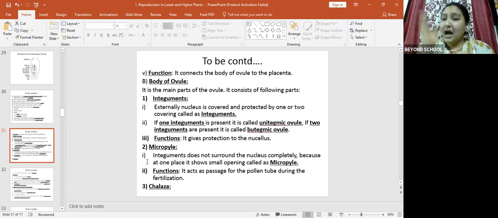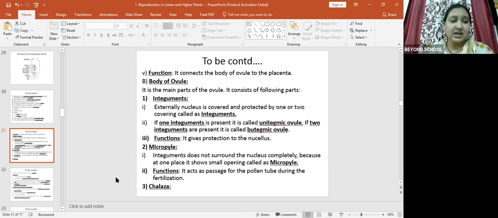Though the outer covering of the integument is full, the inner covering, if you will see, Siddhant, is halfly covered and gives halfly protection. It definitely does a function, but the layer is formed halfly. Why? Because it is leaving a small opening for the micropylar region. What is the function of the micropyle? The function of the micropyle is giving passage to the pollen tube during fertilization so that it can reach towards the ovary easily.